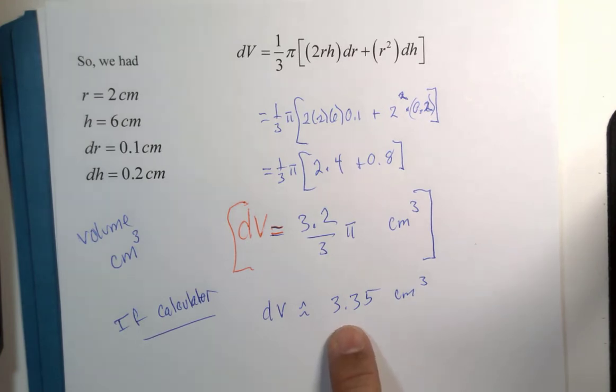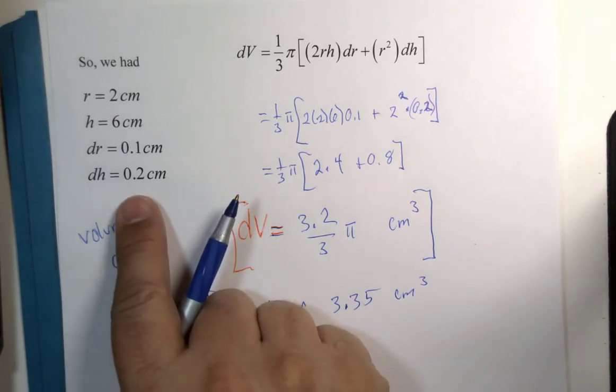But somebody has to tell us how far to round this. We have to know maybe significant figures, or maybe there's some given information where we know, do we go beyond tenths because that's the accuracy of that measurement?